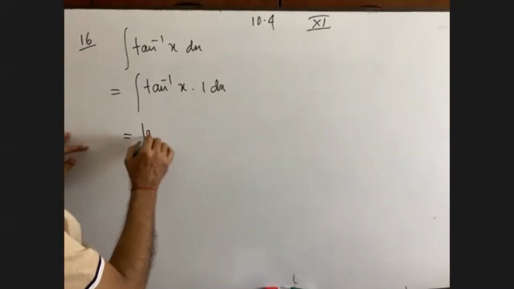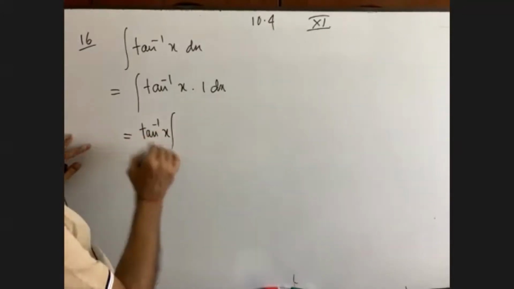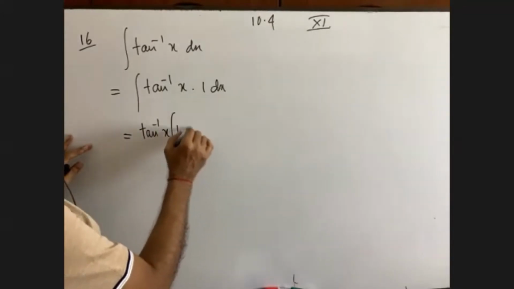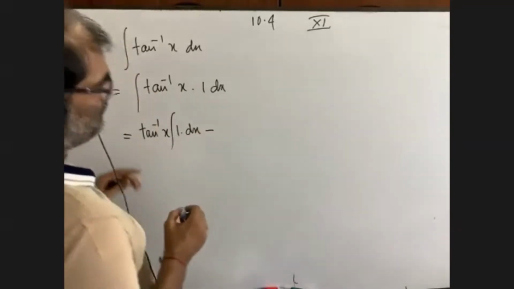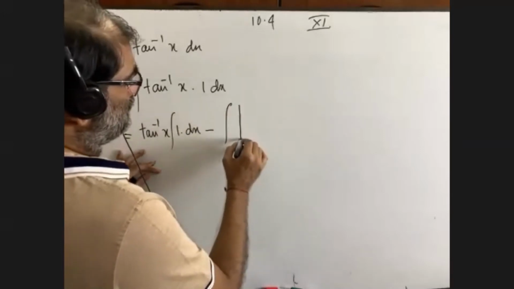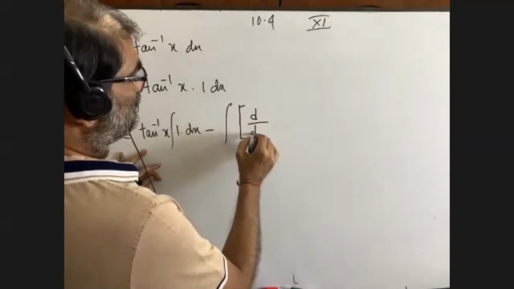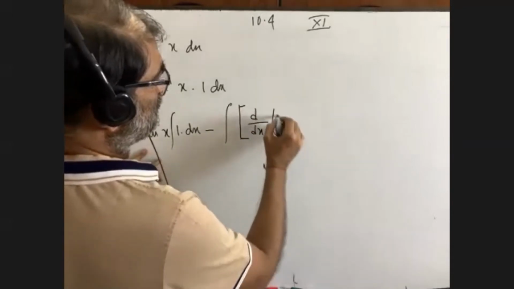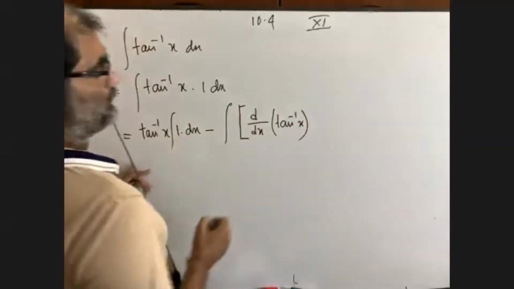Tan inverse x, integration 1 dx, then minus integration sign, third bracket, d by dx tan inverse x.